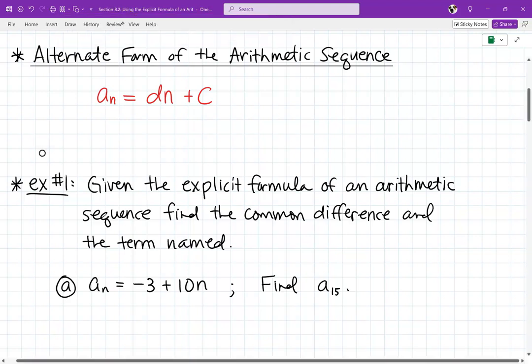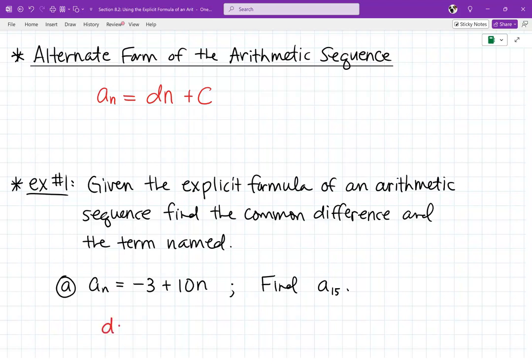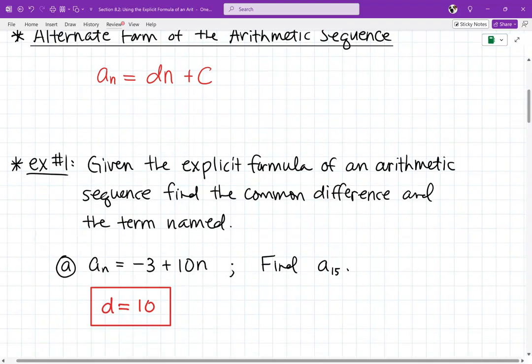This is what I'm going to do in part A. First thing they said is find the common difference. So what's my d value here? According to this equation, what's d equal to? Remember I told you d is always next to the n. So what number is right next to the n? The 10. So d is 10. I'm going to put a box around that because that's part of the answer they want.